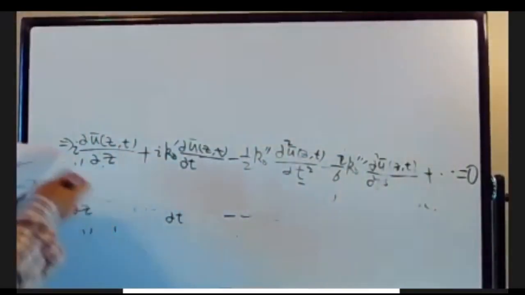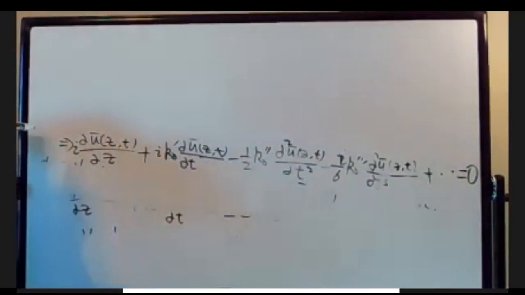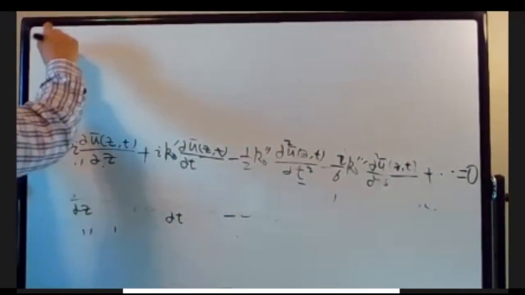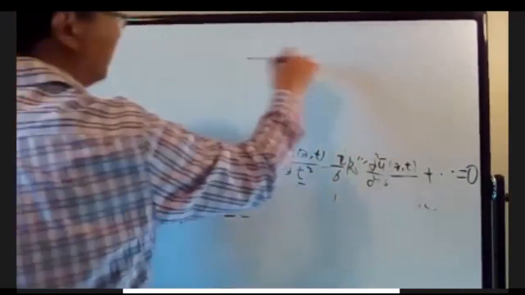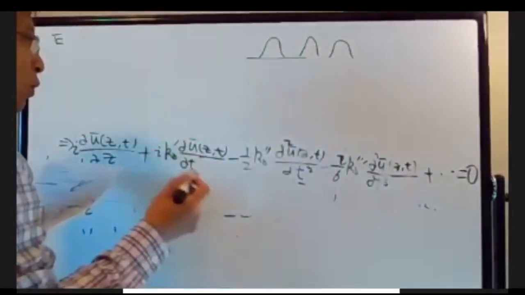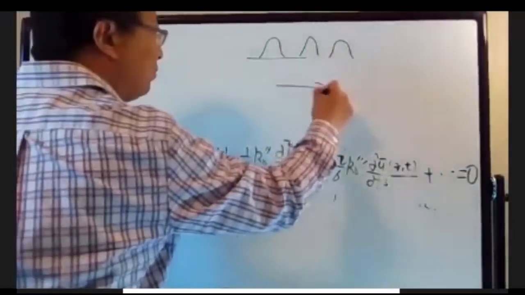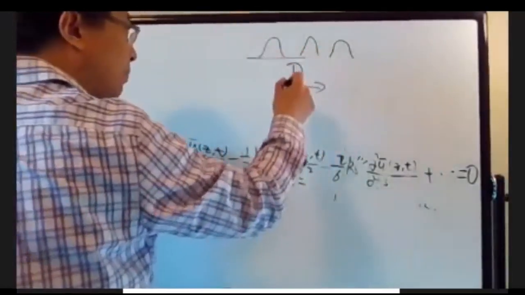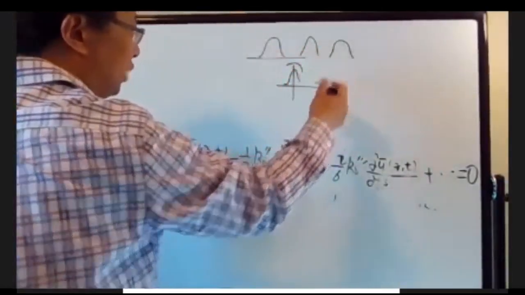Okay, so now we can subtract the group velocity motion. This propagates, right? But what we want is that in the time domain, where this propagates, I don't want to see the change.